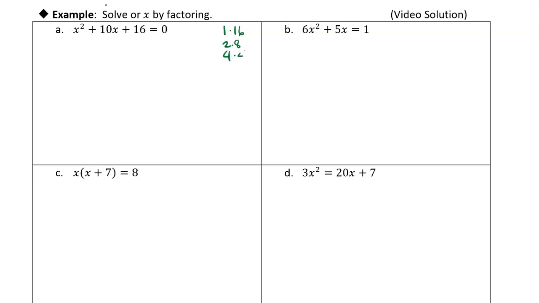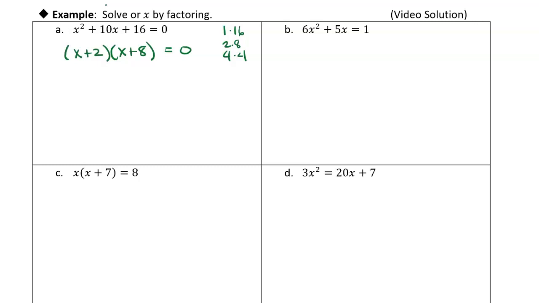Which one of those adds to 10? 2 times 8 is 16, and 2 plus 8 is 10. So I'm going to factor this into x plus 2 times x plus 8, equal to 0. That factorization is equivalent to x squared plus 10x plus 16.